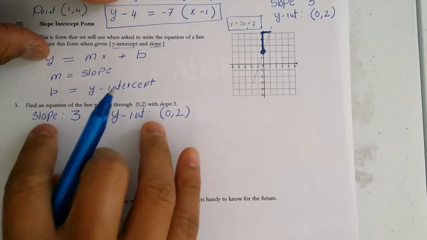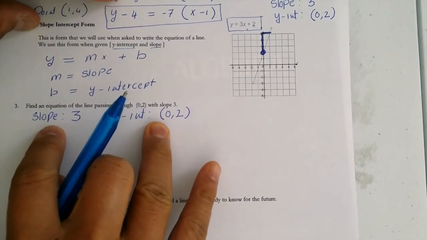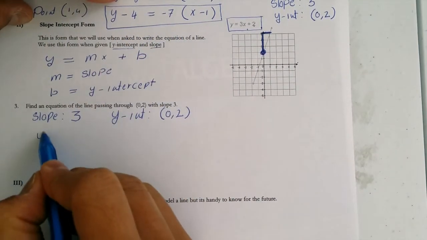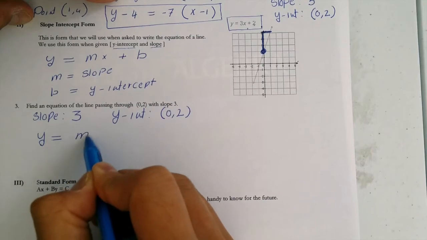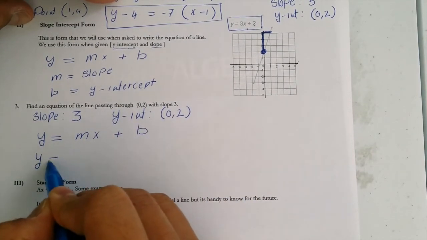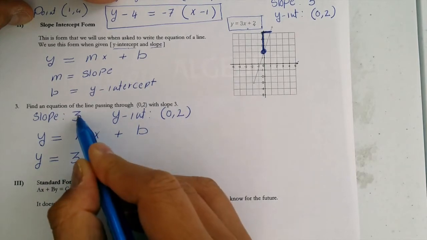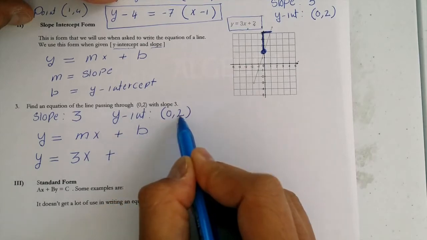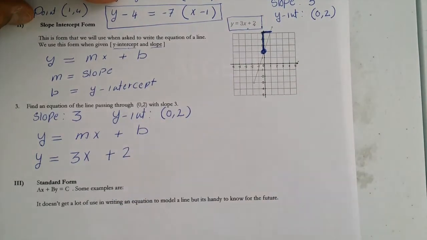If this is the information that I know, I'm going to use the slope-intercept form. So begin by writing down the slope-intercept form and then plug in the information accordingly. b is the y-intercept, and you're done. That's all you have to do.